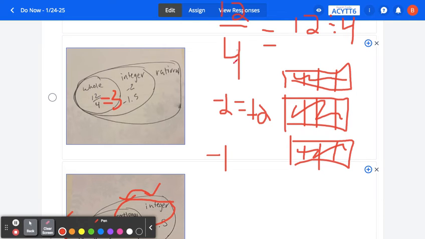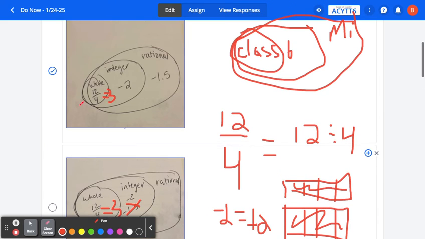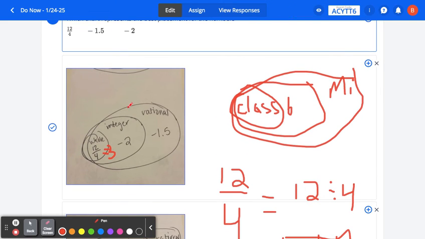Let's do the same logic I just did with -2, +2. If I take the opposite of 1.5, remembering my definition for integers is the opposite of all whole numbers and their opposite. So let's take the opposite of a negative. I have 1.5. Is that a whole number? No. So it is not an integer, which means my answer is the first one.